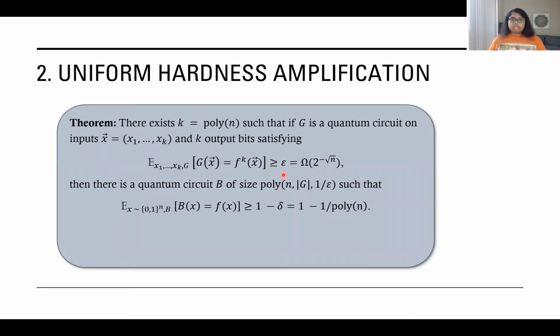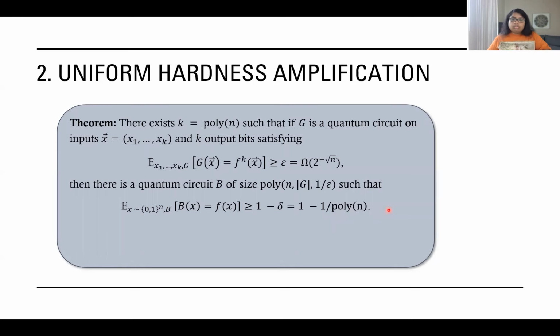So, it's exponentially small. But if I can do a k-fold repetition with that probability, then I can construct a quantum circuit B. It's still polynomial in the size of G and n and so on. So there is not that much of a blow up or an overhead. But in expectation, I can solve one application of the function f of x with only 1 over poly error.